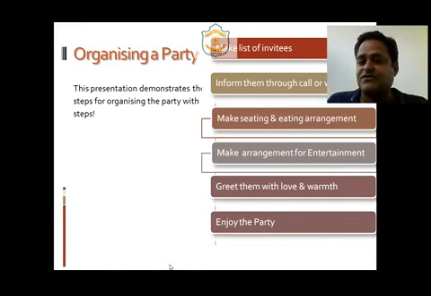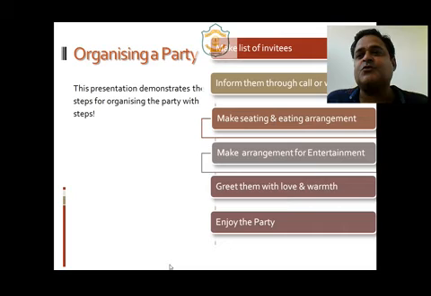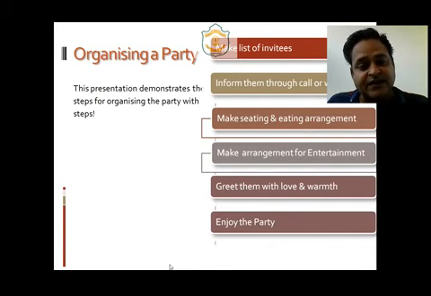Now the next step is make arrangement for entertainment. It is obvious when people come to a party, there must be some fun, some games, some dance, music, some sort of entertainment. As you are the host of the party, it will be your responsibility to arrange some source of entertainment also. So these are the steps.